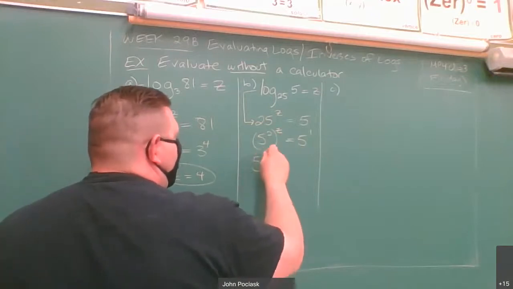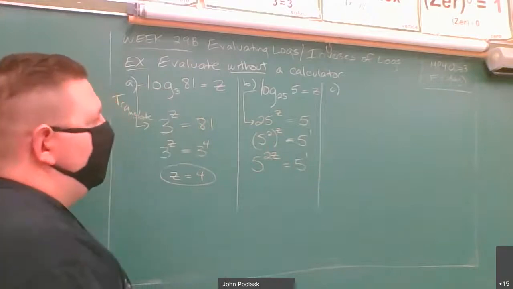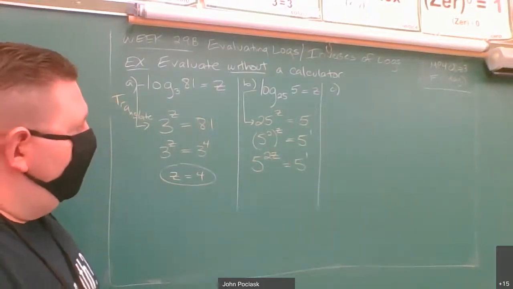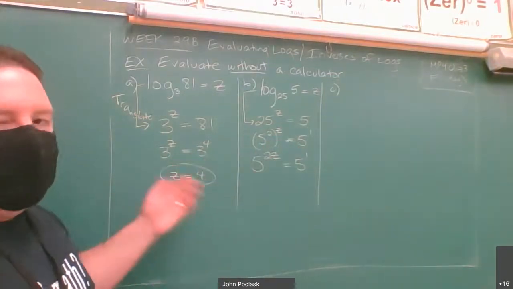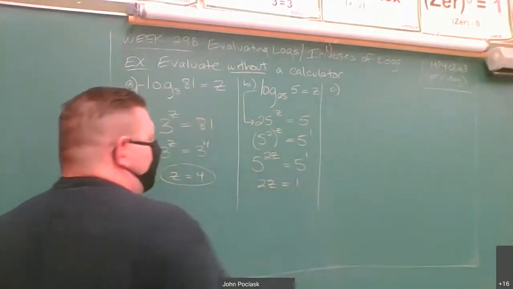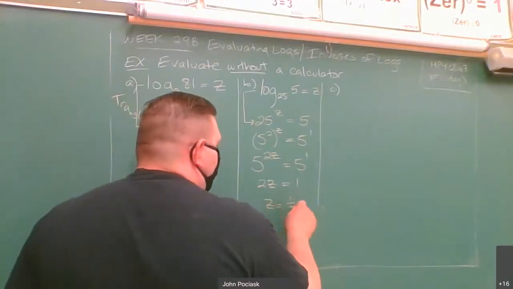That gives me 5 to the 2z equals 5 to the first. And much like the last problem, the bases are the same, so they drop off, and I'm just left with 2z is equal to 1. And I solve that. So z is equal to 1/2.